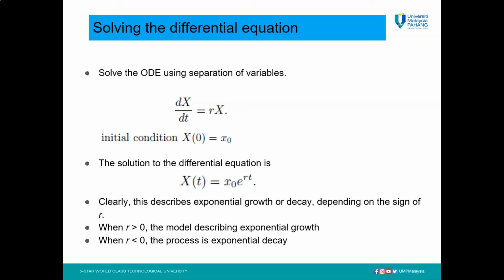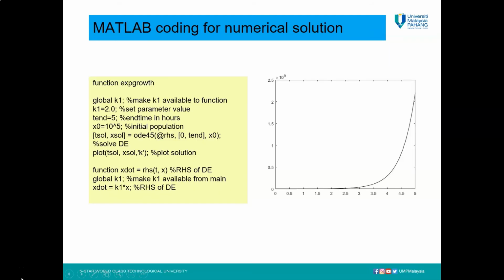Not all models can be solved analytically. It is based on the complexity of the equations. In order to solve complex models in this course, we will use numerical methods embedded in MATLAB software. To obtain the numerical solution using the fourth order Runge-Kutta method, let's code this program in MATLAB, and we will get the output graph as shown in this slide.